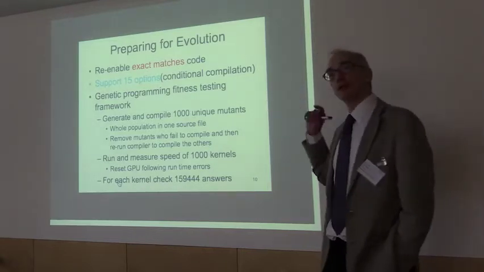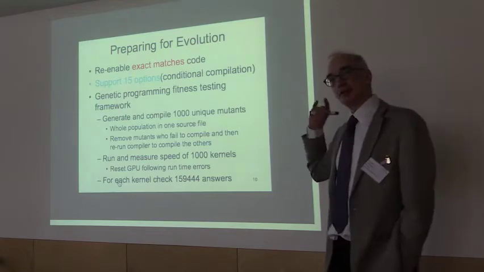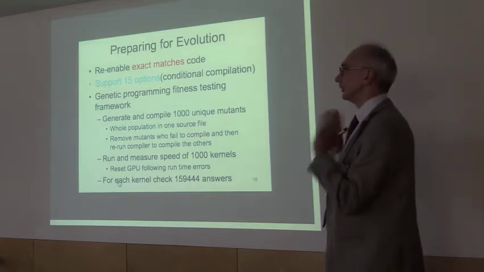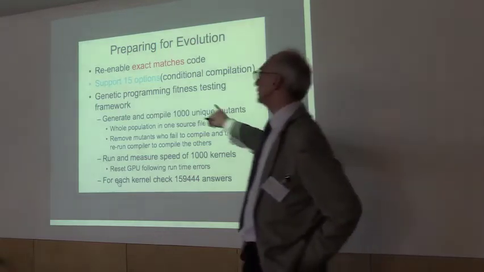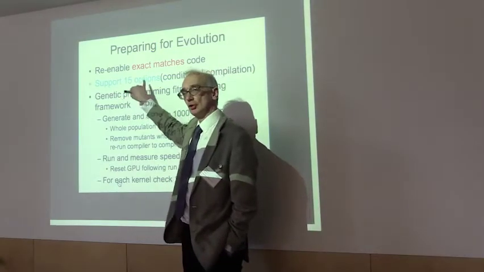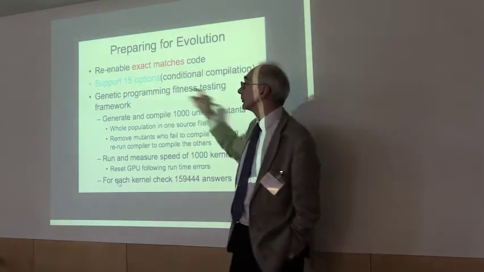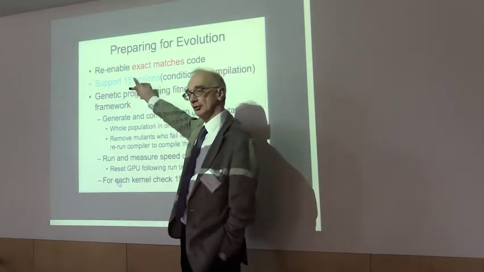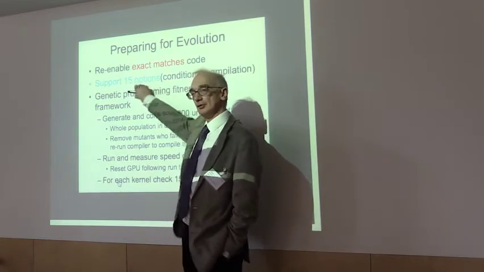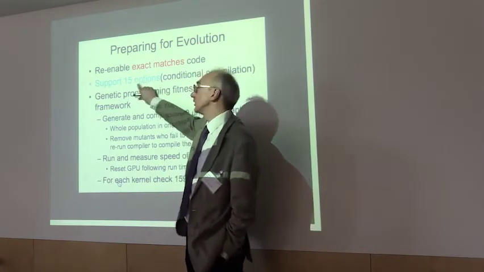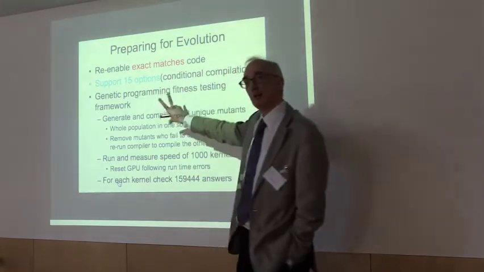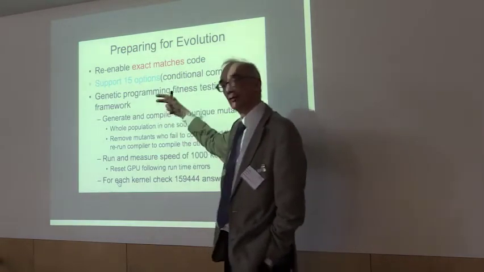So what we've done is split the GP part into two things. One, which is these 15 options. At the beginning of the chromosome, there's some fixed representation that says, choose these 15 options. It's just more or less like a bit string. And then we have patches, which is more like the traditional GI.